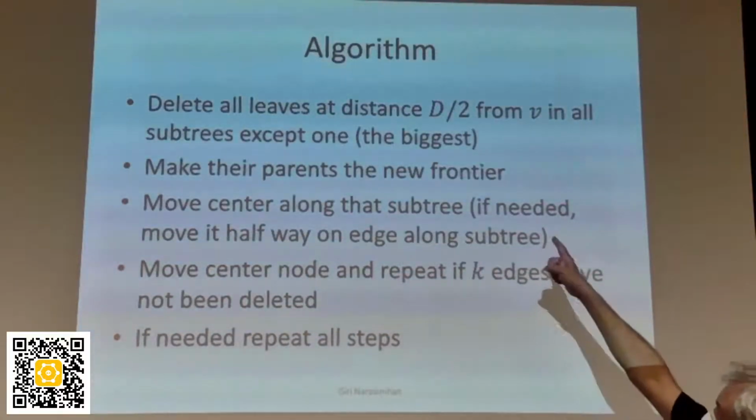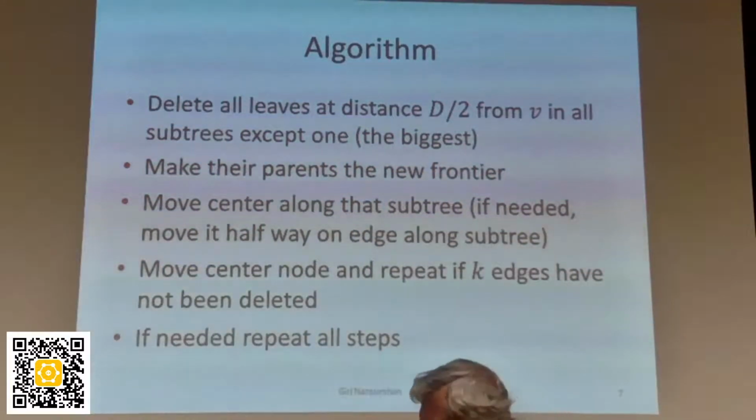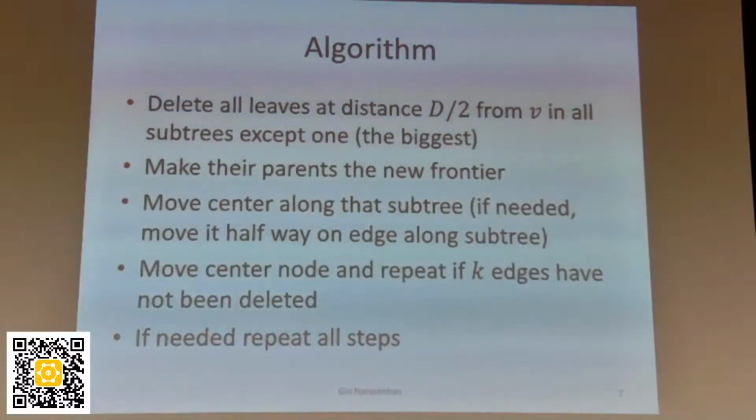So this is what we did on the previous slide. We deleted all the leaves from all the subtrees except the largest one. Then we make the parents of these leaves that we just deleted the new frontier, and we move the center half an edge, and then we simply repeat the process.